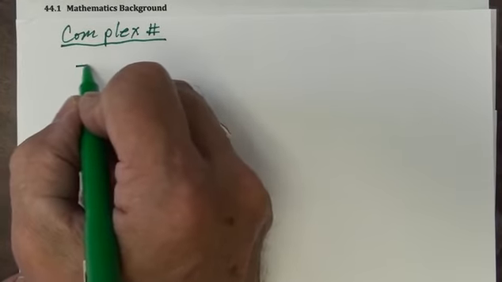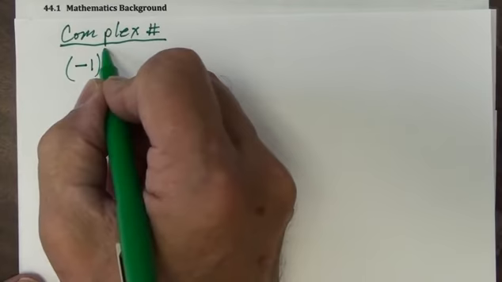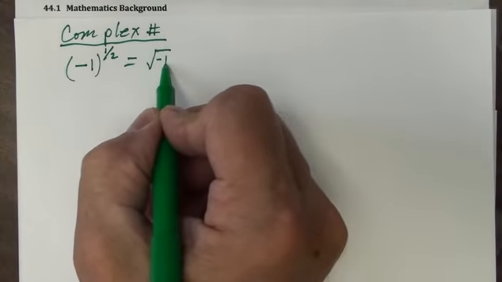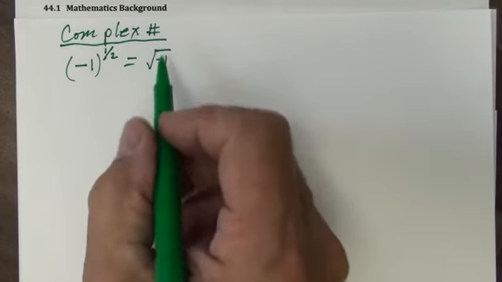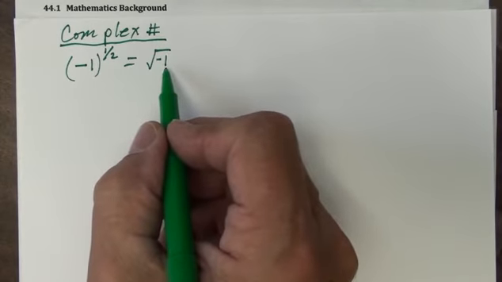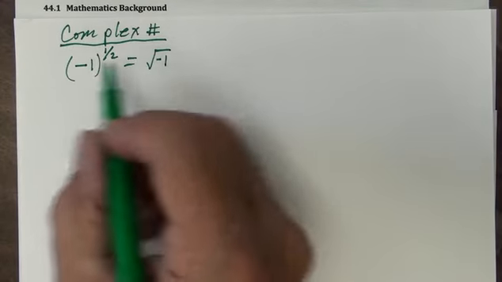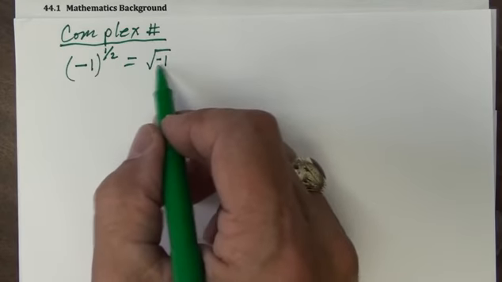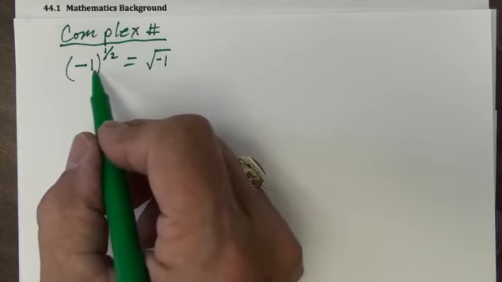Let's suppose we have a minus 1 to the power 1/2. Well, that means we take the square root of minus 1. Well, the square root of a number is that number which, when multiplied by itself, gives you the number that's in parentheses. But there is no number that gives you a minus 1 when it's multiplied by itself.